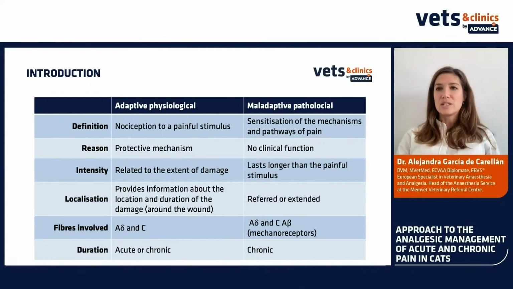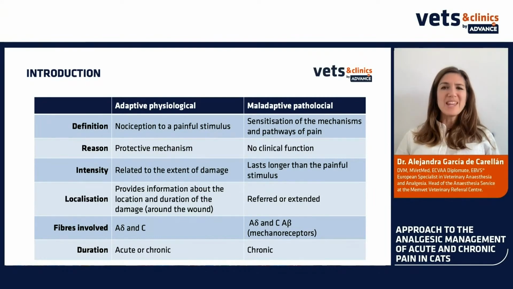And then we have this maladaptive pathological pain. Once the painful stimulus has happened, something goes wrong in the nociceptive pathway, and we have sensitization of mechanisms that basically have an error, and that is when chronic pain happens. This doesn't have any clinical function.